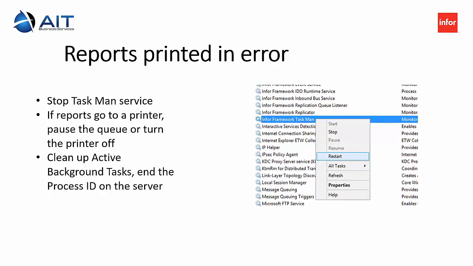Yes, Tim? So a question came in: when you've got an environment that has a lot of processes, can you actually split this up into different servers? And the answer is, yeah, you can actually have a couple different taskmans running on different servers if you've got a big load.